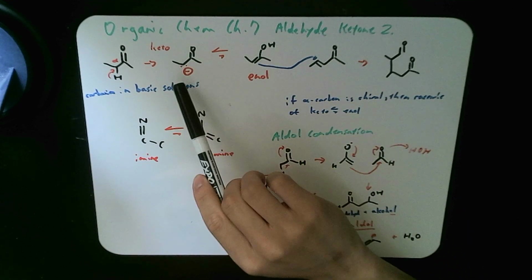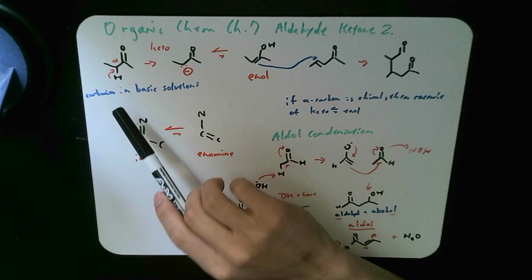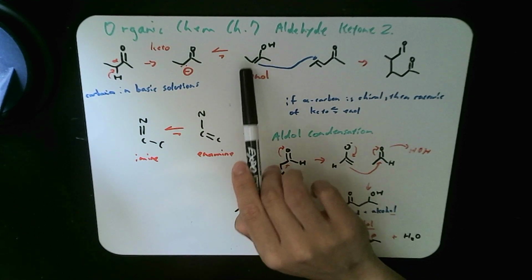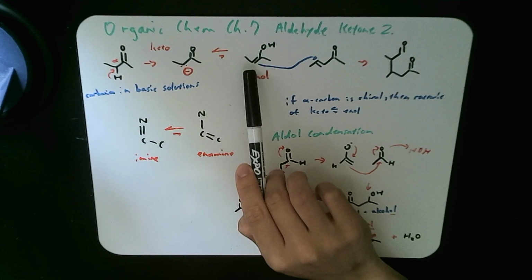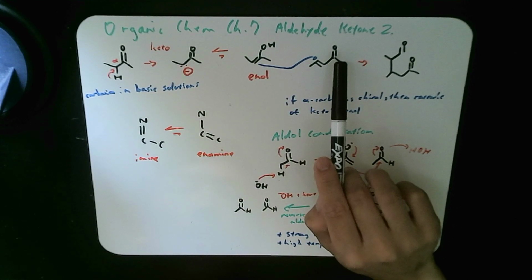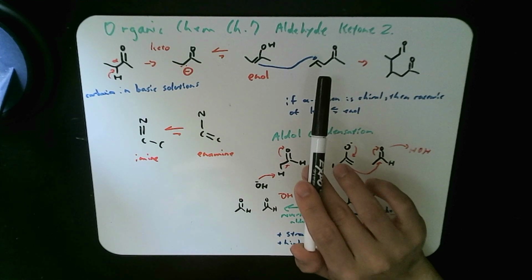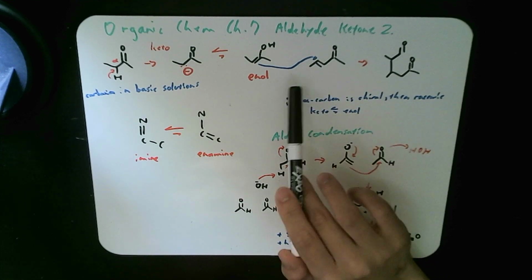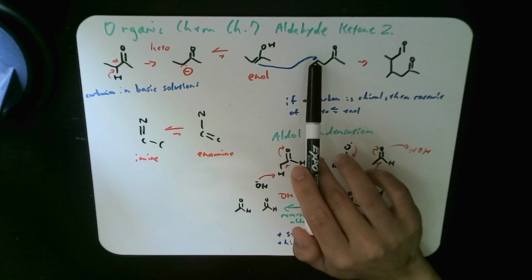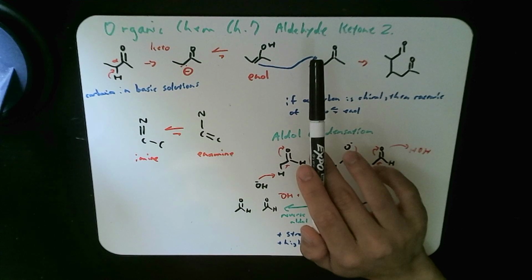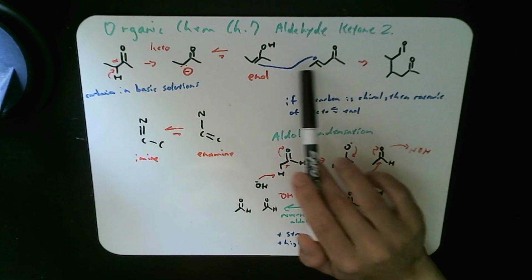where it's negatively charged now, if you pull that H off, it will shift to an enol form, and then this new carbon will then attack another compound, and when it attacks at the beta side, remember alpha is one away, beta is two away, the beta carbon, it will cause a conformational change.